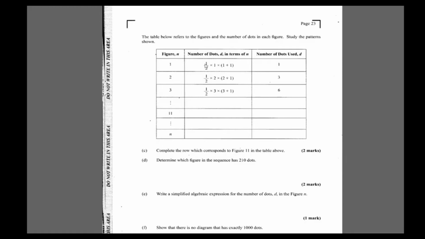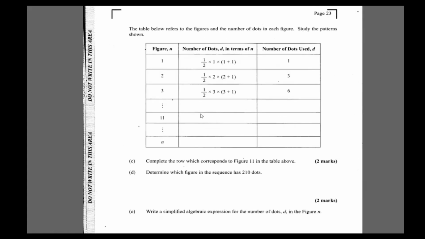So the number of dots is 1 over 2 times n times n plus 1. When n is 11, the number of dots is 1 over 2 times 11 times 11 plus 1.